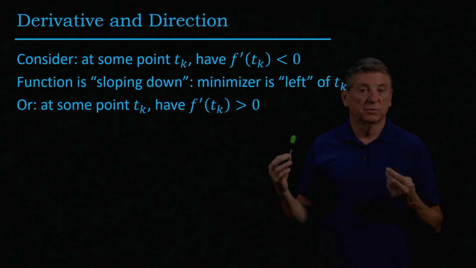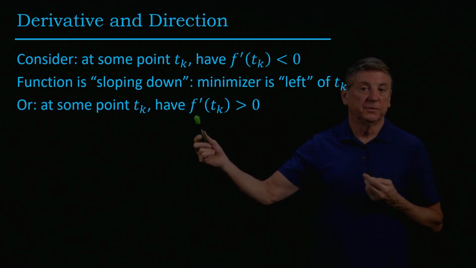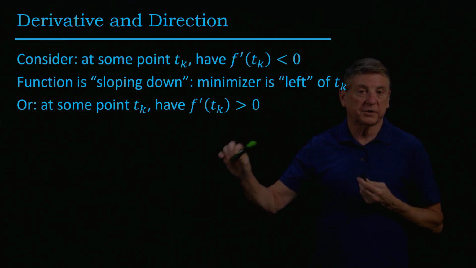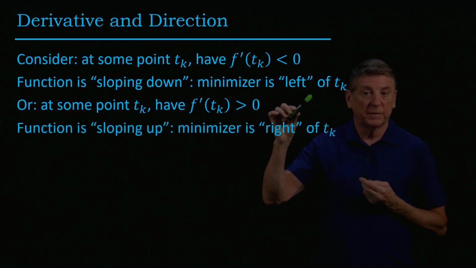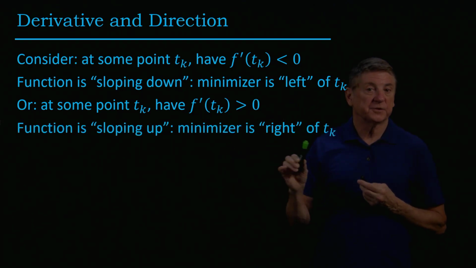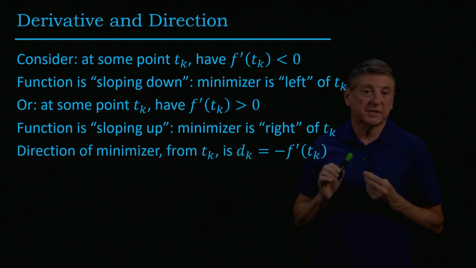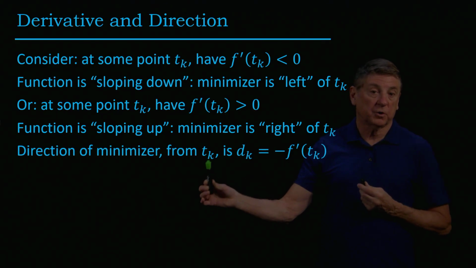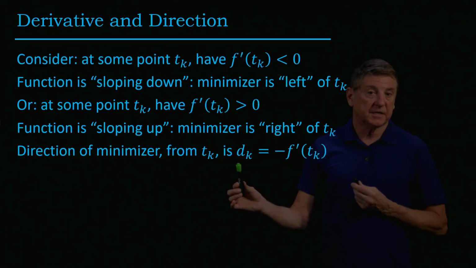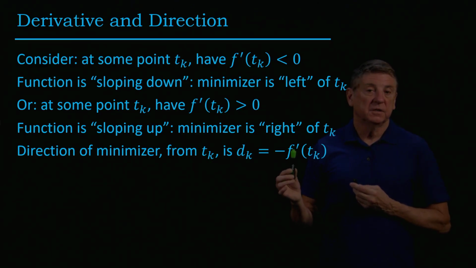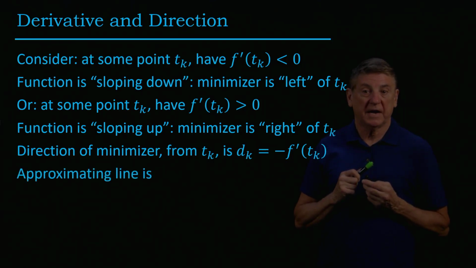Then suppose at some point that the first derivative is positive. So that means the function is sloping up, and that means the minimizer is to the left of it. So that means that the direction of the minimizer from our current point is minus the first derivative evaluated at the place that we're at right now.